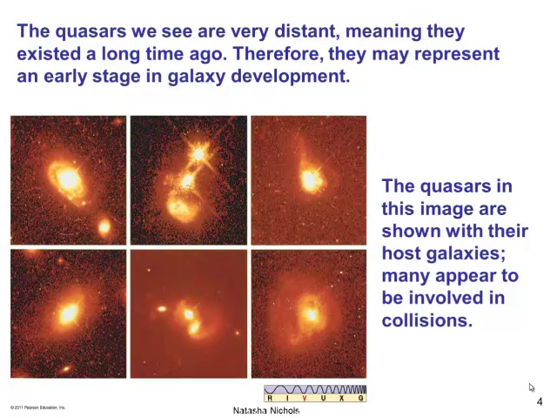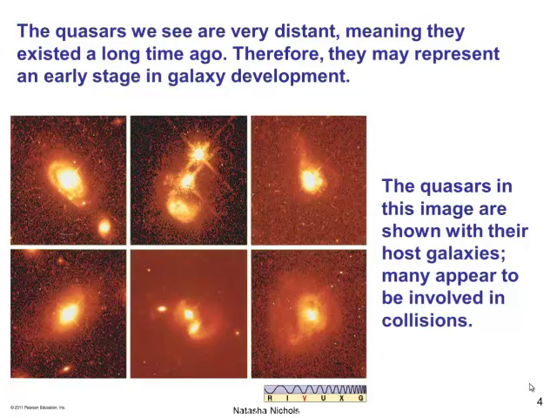Quasar-host galaxies. These long-exposure Hubble Space Telescope images of distant quasars clearly show the young host galaxies in which the quasars reside, lending strong support to the view that quasars represent an early, highly luminous phase of galactic evolution.